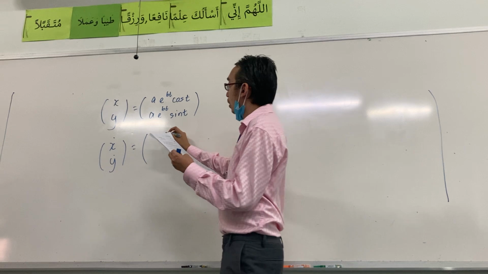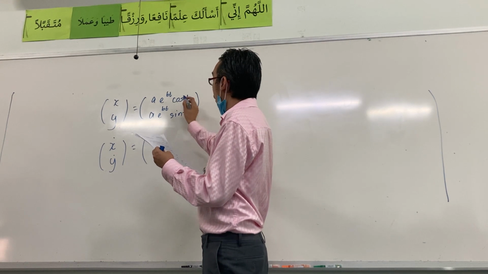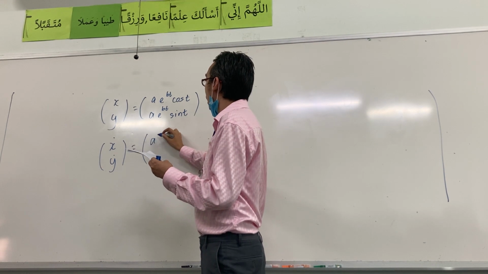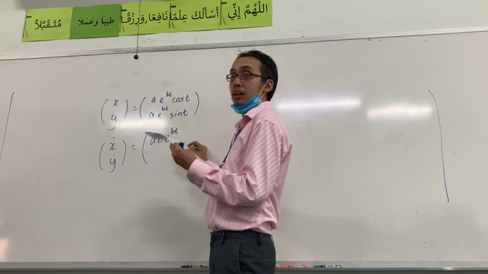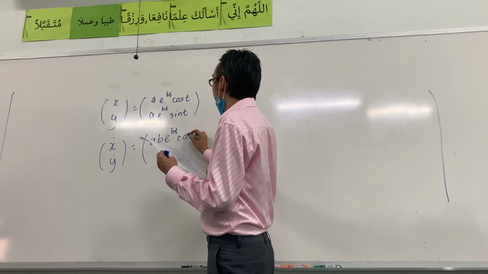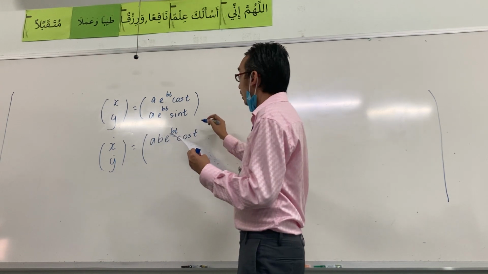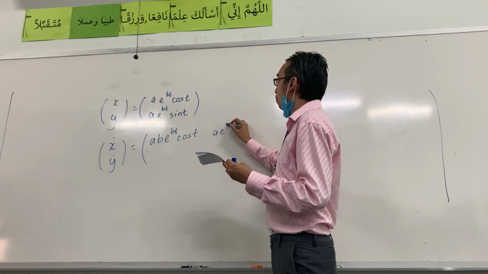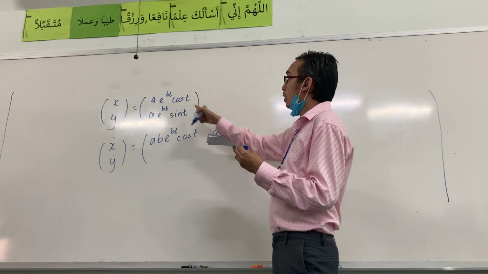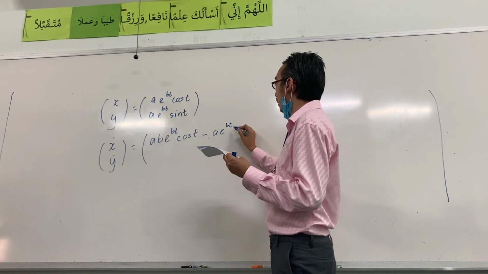Using our product rule, we keep the cosine first. So a, differentiate this, we get b e^(bt), and then cosine t. After that, the next one we keep the a e^(bt), but we differentiate cos, so it's minus sin t.